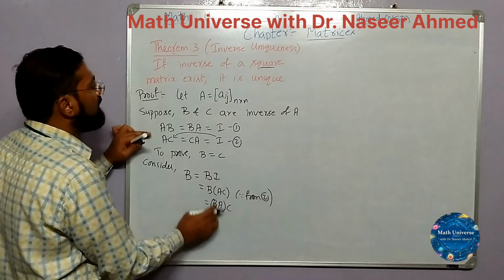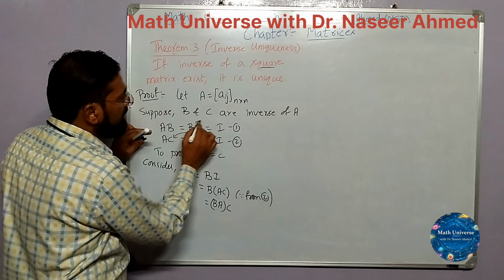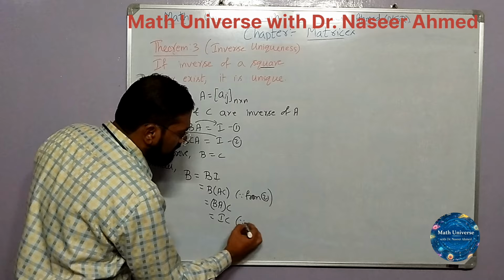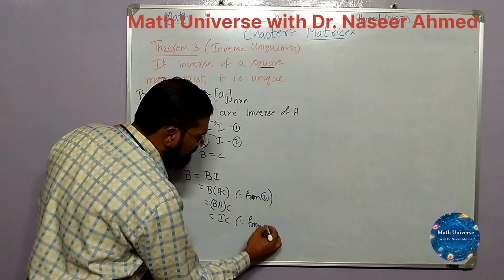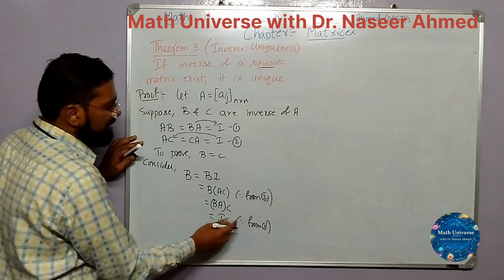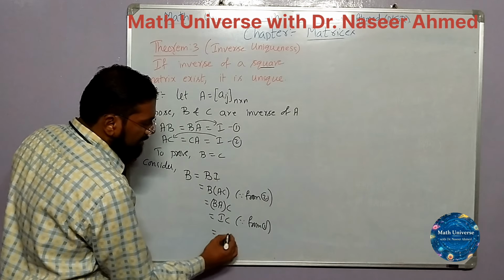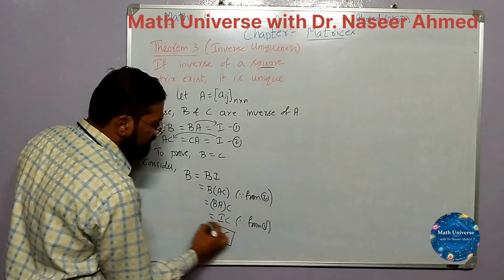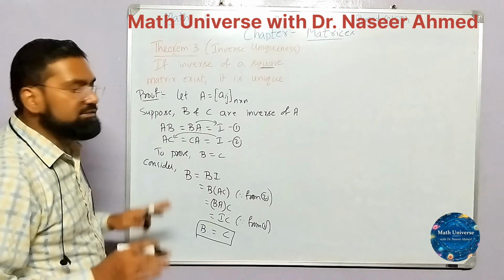Then BA, what is BA? It's again I from equation number 1. But what is I into C? When I multiply any matrix by identity, I get back C. So I have proved that B is equal to C. So if at all inverse exists, it will be unique.